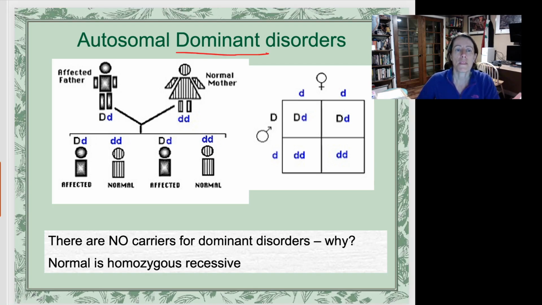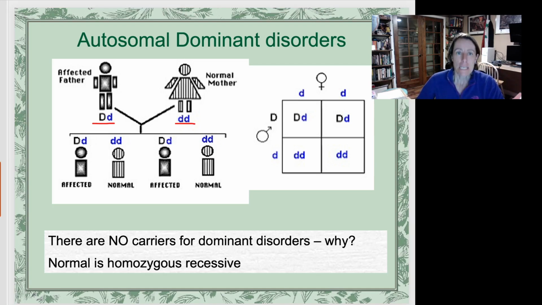So what that means is that if we look at the genotypes of these two individuals in this little pedigree here, and we're going to say the gene we're looking at is the D gene, the letter D, it could be for whatever condition this is.